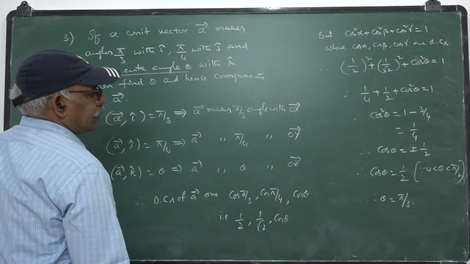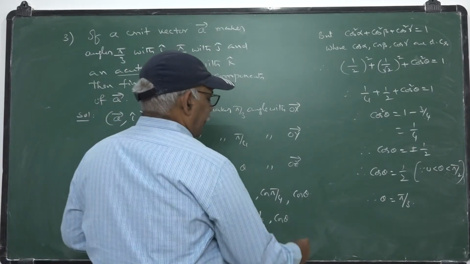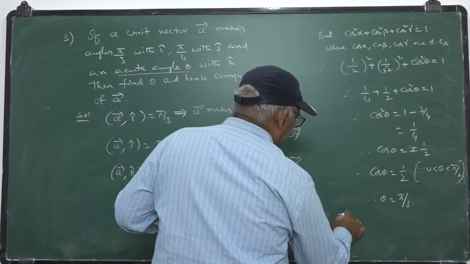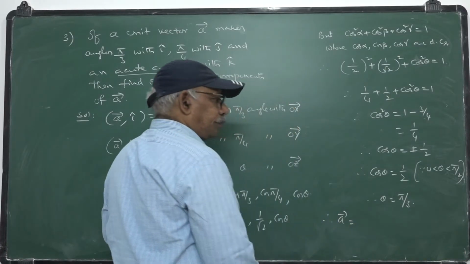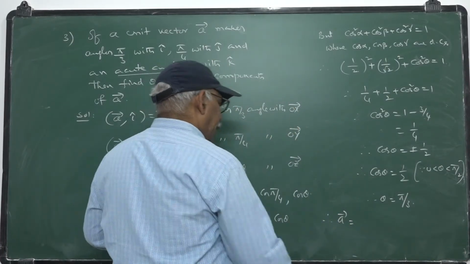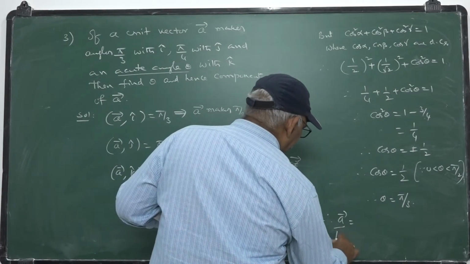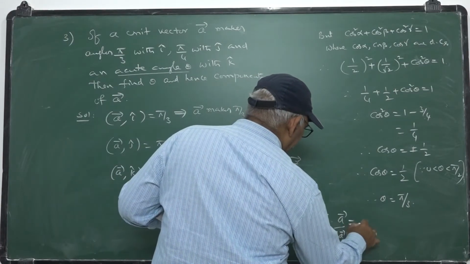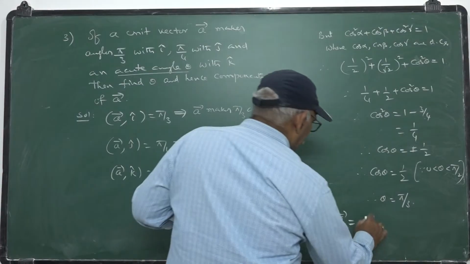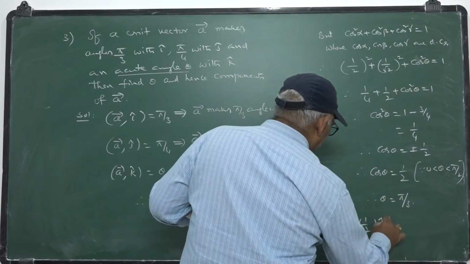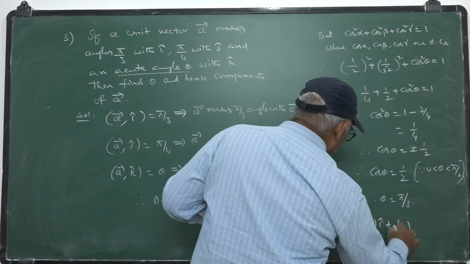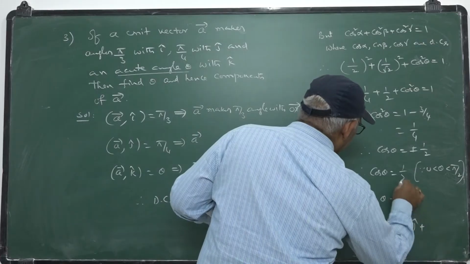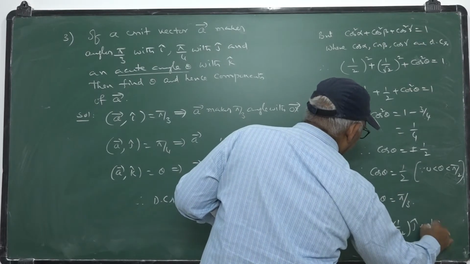I will write A bar as A bar by modulus of A bar, the unit vector along A bar, which is given by 1 by 2 i plus 1 by root 2 j plus cos theta, 1 by 2 k.